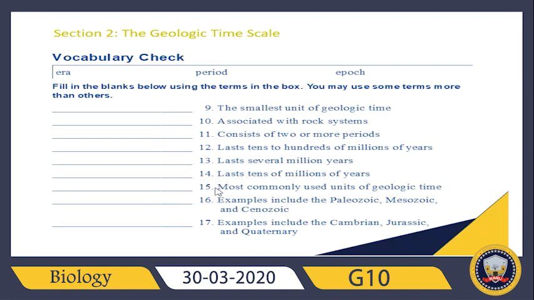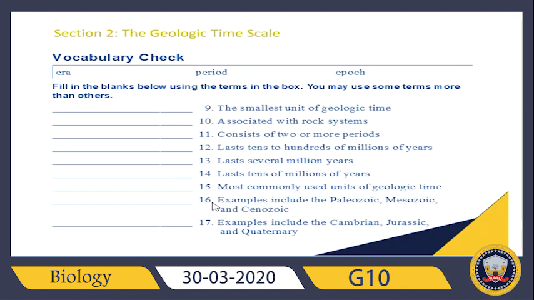Okay, then next, guys, we have 15, most commonly used units of geologic time. Remember, guys, we discussed this point. For 15, again, it will be period. Period is the most commonly used unit of geologic time.